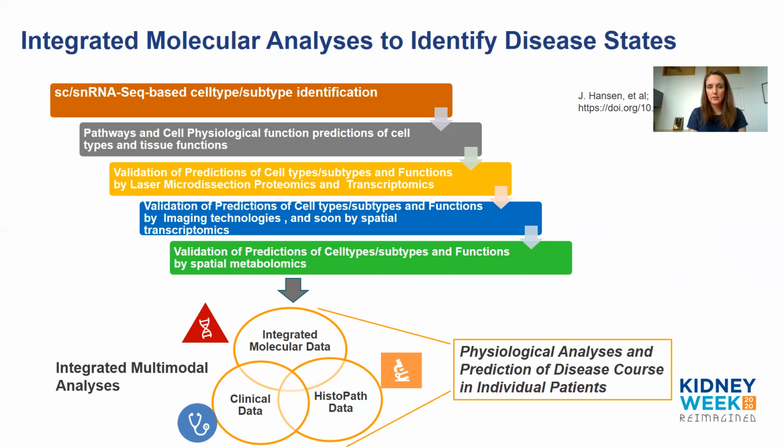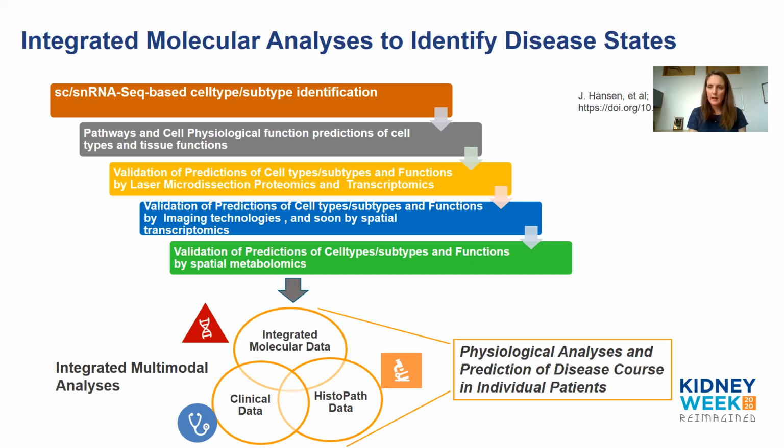You can use other technologies like spatial transcriptomics to confirm that the cells that you've identified in a dissociated fashion are placed appropriately, and you can use proteomics and metabolomics data sets to see if the processes that are being activated or being repressed are actually reading out in those other data sets.